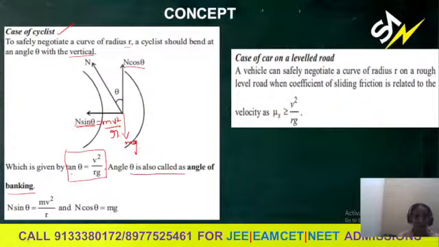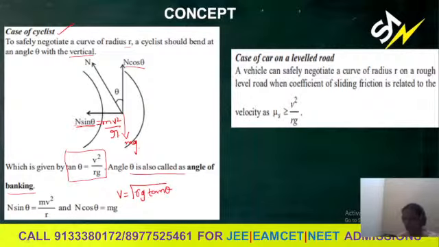From these two we get that tangent of the banking angle is equal to v square by Rg. So for the maximum speed he needs to maintain, we can give Rg tan theta.